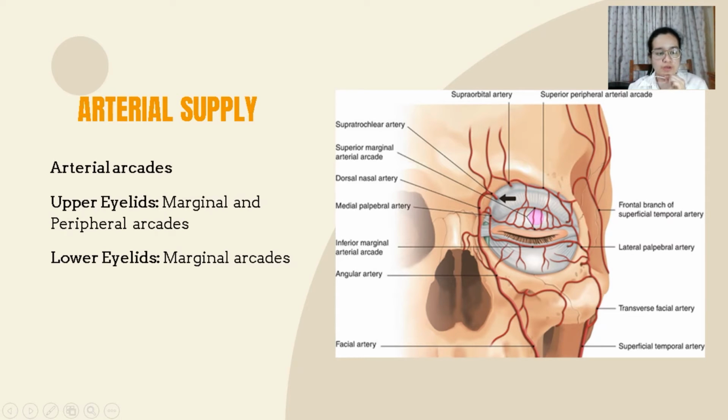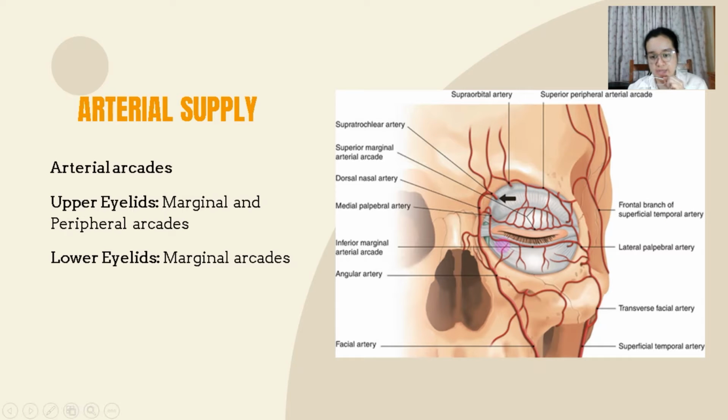The marginal palpebral arcade lies on the anterior tarsal surface 2 to 3 millimeters from the eyelid margin. Then the peripheral arterial arcade courses above and parallel to the superior border of the tarsus between the levator aponeurosis and Müller's muscle in the upper eyelid.